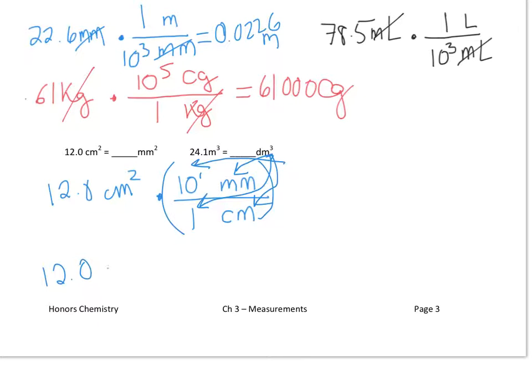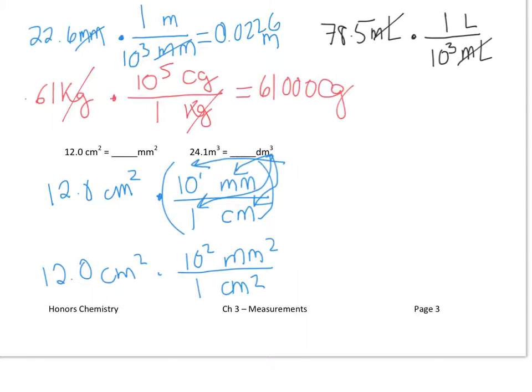So I have 12.0 centimeters squared times, okay, 10 to the first squared would be 10 squared, or 100. Then we have millimeters squared. 1 squared is just 1, and then centimeters squared. So that way, I figured out the relationship between a centimeter squared and a millimeter squared.